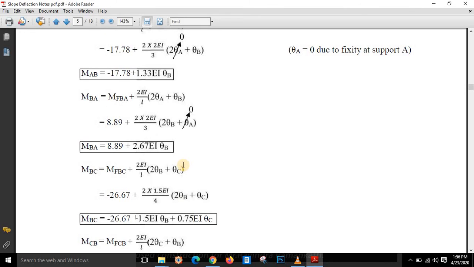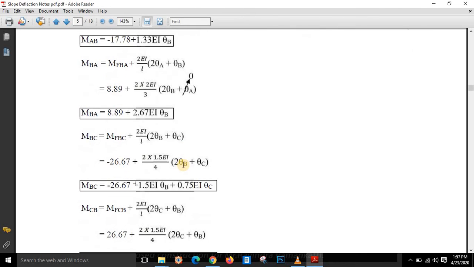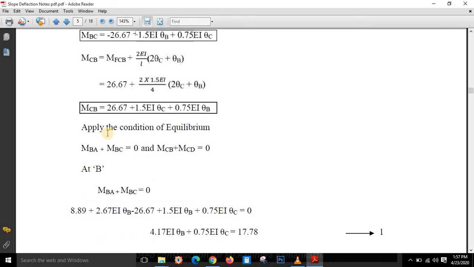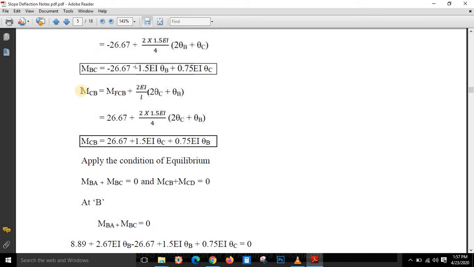Similarly for the next span, MBC is equal to MFBC plus 2EI by L into 2 theta B plus theta C. In the same way I am going to get the equation like this. Remember, there is no need to apply the slope deflection equation for the overhanging span.